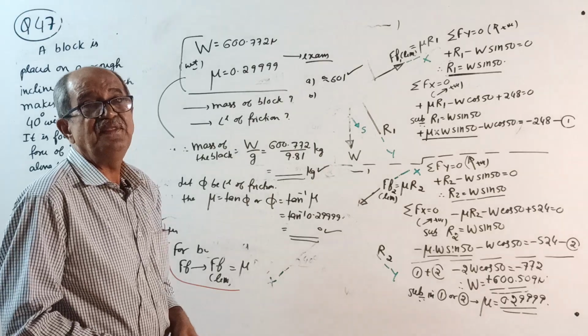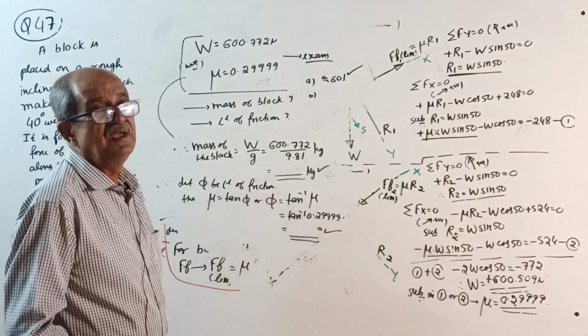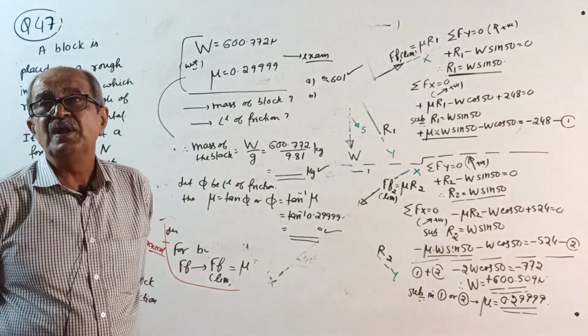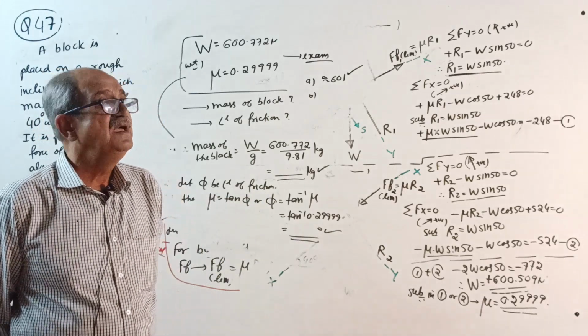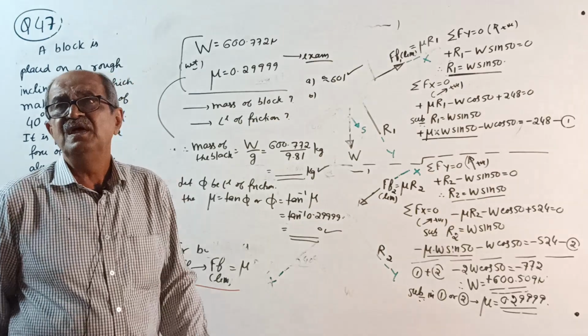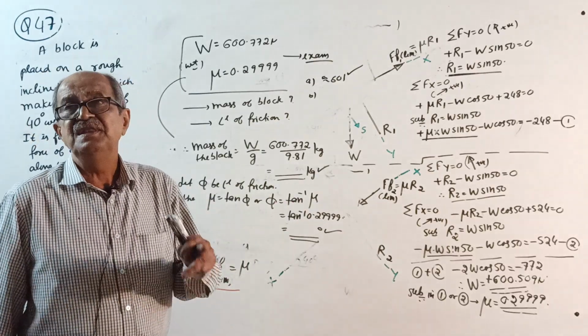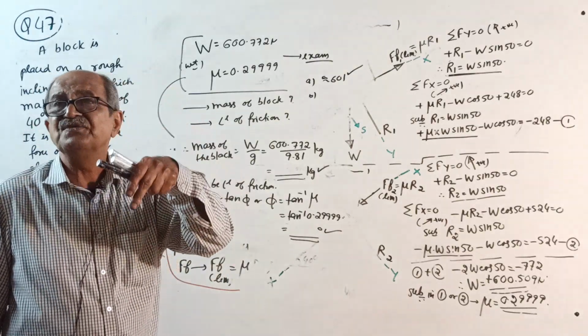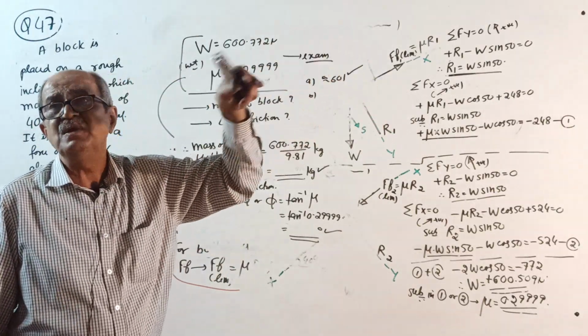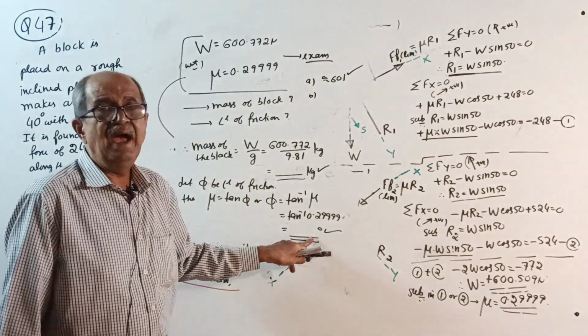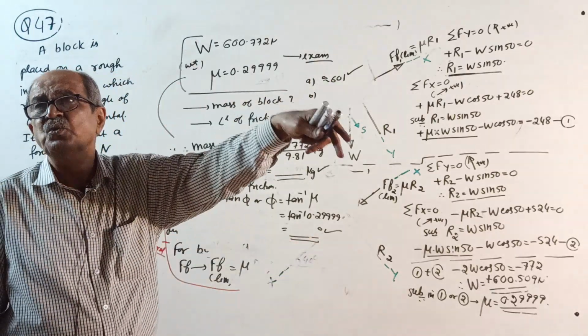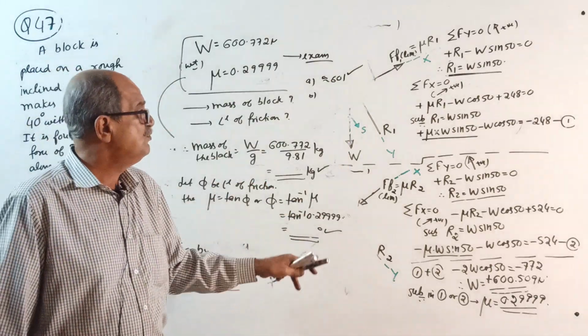No, that is the weight. They want the mass. So if the mass is given, convert to weight. If angle of friction is given, get the coefficient of friction, solve the question. But in case they want mass, find weight, divide by g. If they want angle of friction, find mu; tan inverse mu will give phi.